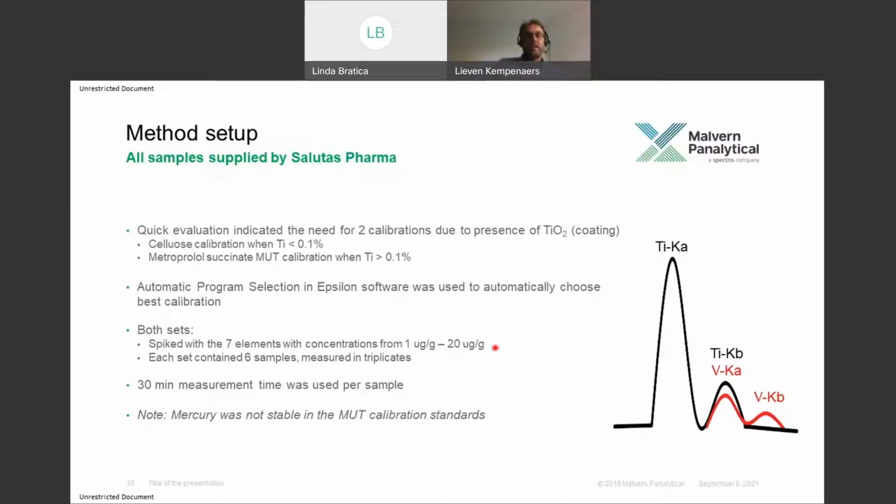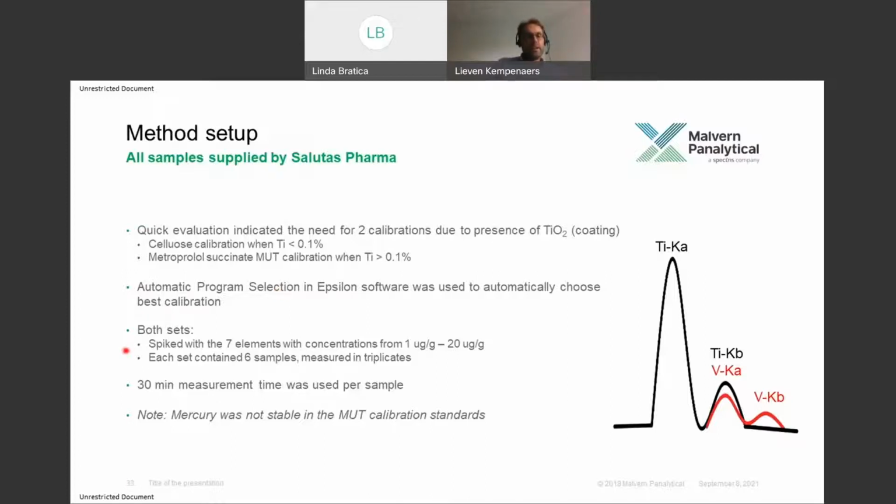And so they determined the limitation: if the titanium is above 1000 ppm, then it's better to switch over. And in the Epsilon 4 software, there is the feature, the automatic program selection, that automatically looks first for a few seconds at the titanium peak, and then determines and selects the best method to use for that kind of sample.